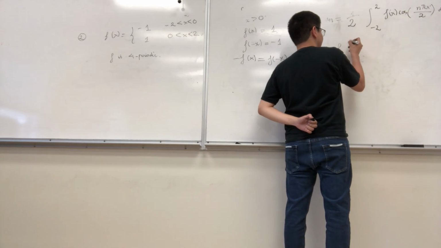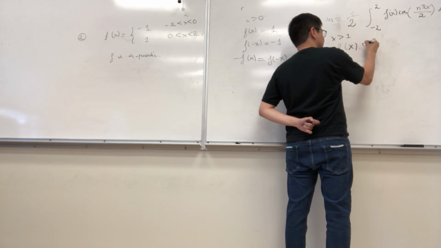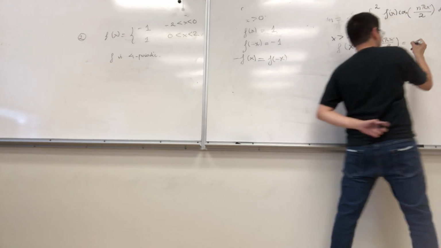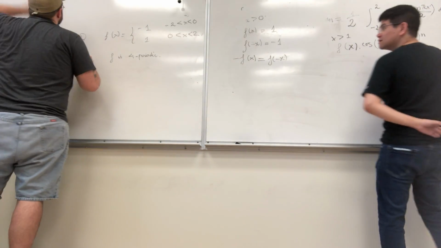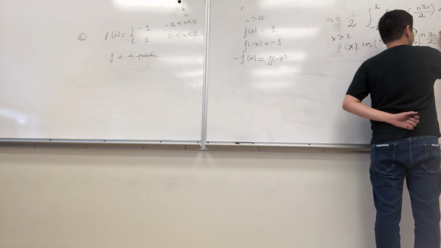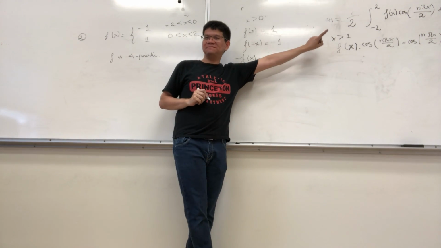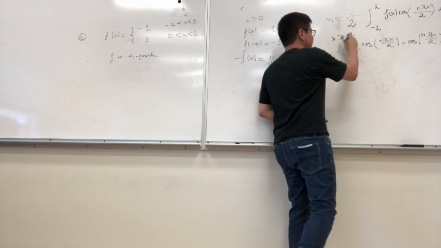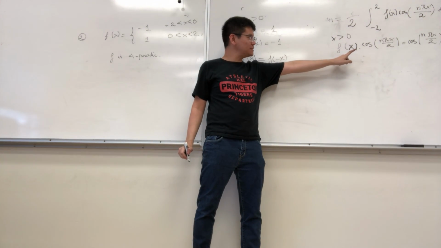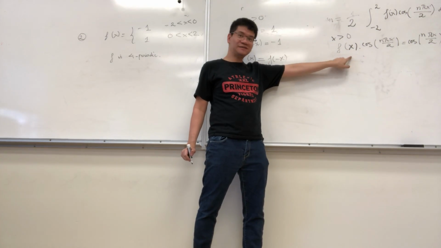So f of x, when x is positive, f(x) cosine of n pi x over 2 is going to be cosine of n pi x over 2. In this case, f is positive, so f(x) cosine n pi x is going to be cosine n pi x, because in this case f(x) is 1.